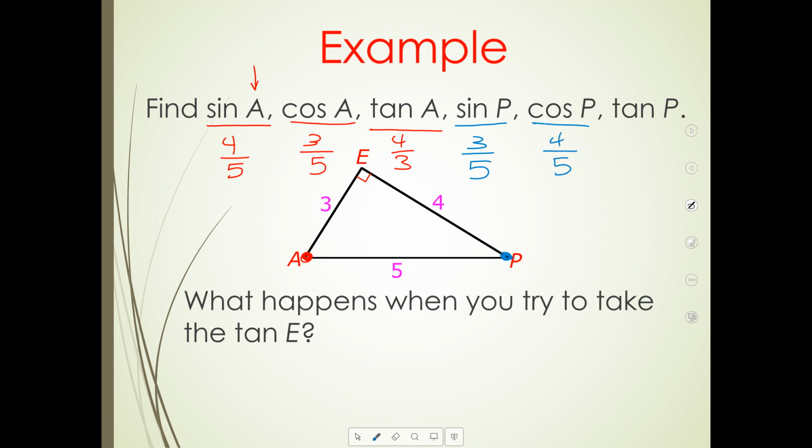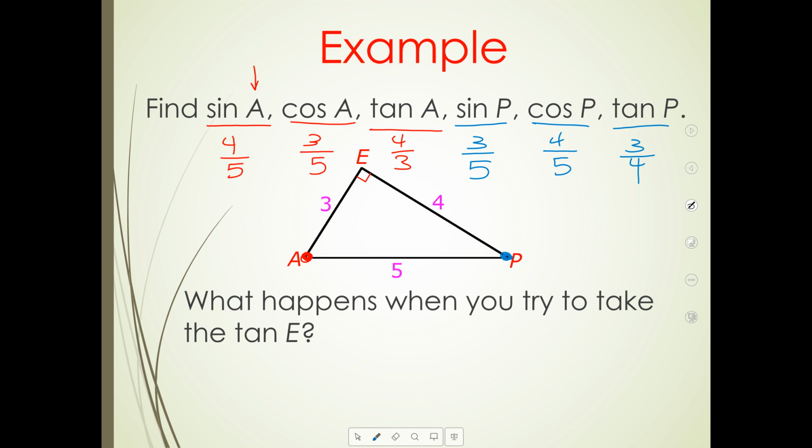And last but not least, what's the tangent of P? That would be you. Did you forget your name? Say again? 4/3. Which one? Oh, 3 over 4. There you go.